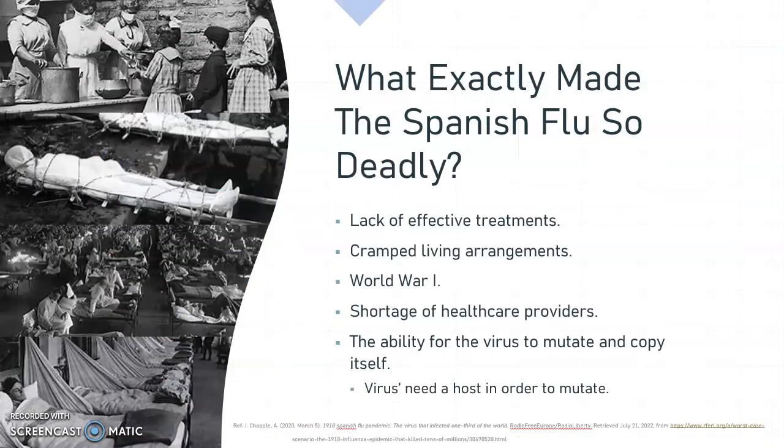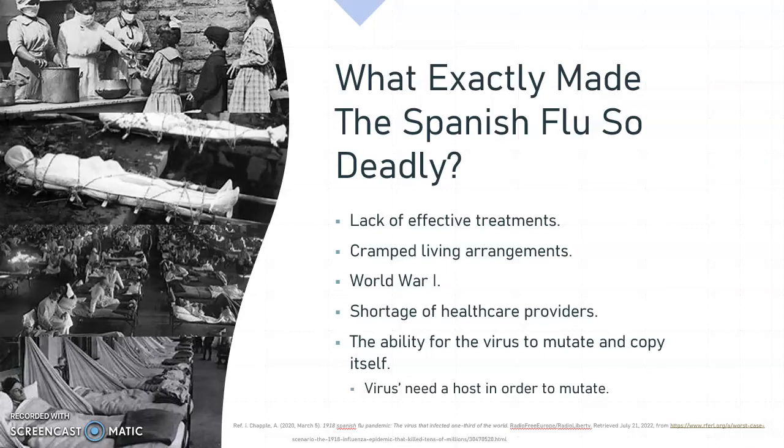What exactly made the Spanish flu so deadly? The lack of effective treatment at the time of the Spanish flu was due to the fact that the virus was unknown. Militaries, families, and animals were all living in cramped settings, and this was all due to World War I. The shortage of healthcare providers was also due to the war period.